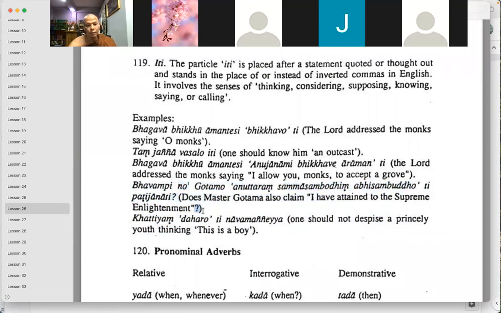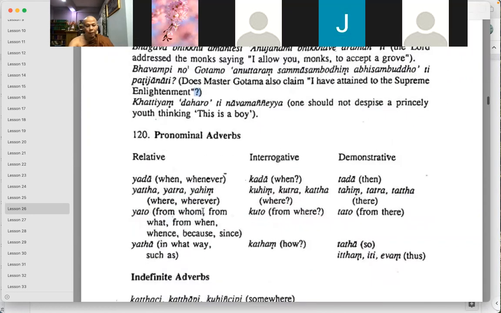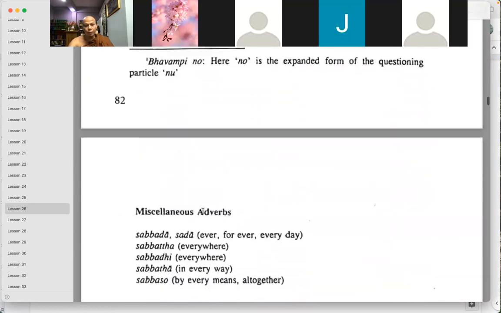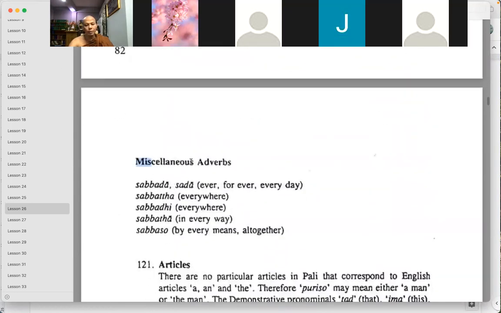That's what Master Gotama also claimed: I have attained the supreme. So but won't be no or won't be no in this way, showing that.